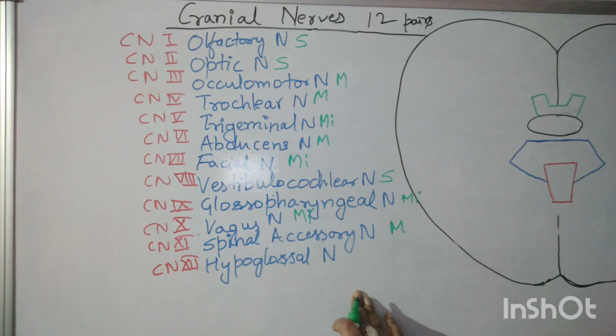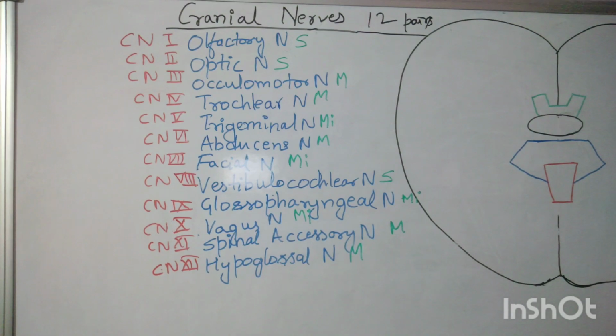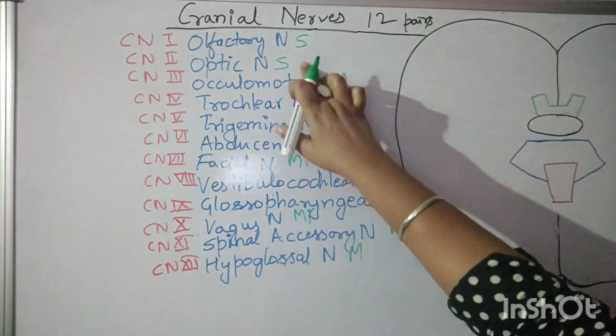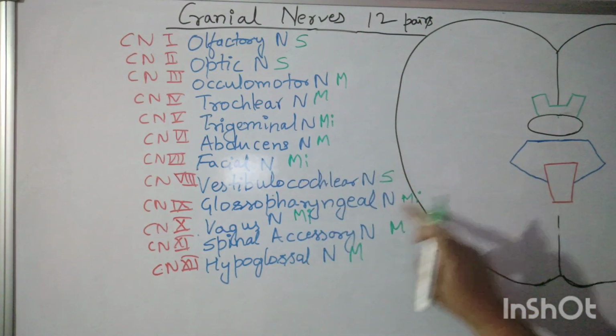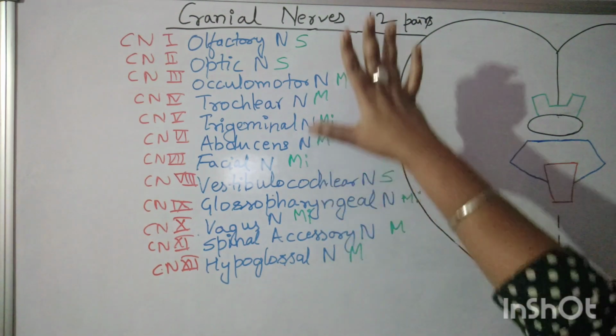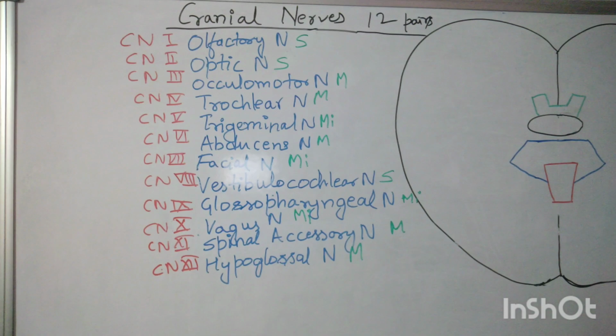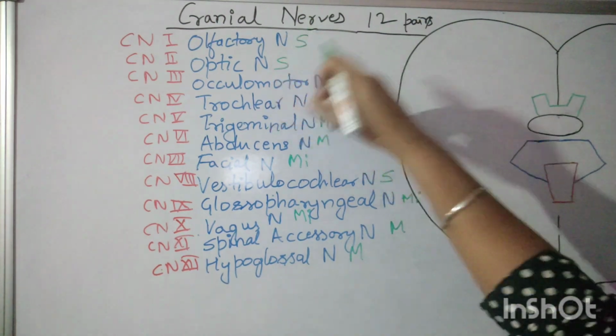Hypoglossal, again the tongue is involved, so this is motor. So I have remembered it like this: sa, ma, me, sa, me, ma. I have made a rhythm like this. You can also make your own manner which suits you. So now we will see from which part of the brain these nerves arise.